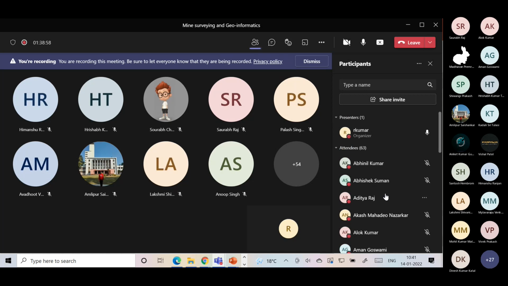Avidut, you are the class representative, no? Yes, sir. So why are only 63 present? All are 81, 82? Today there is Makar Sankranti, so many people are having some puja or festival at home. Okay, but they can come to the class.